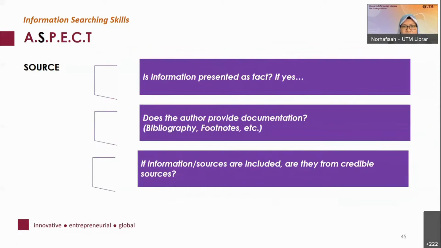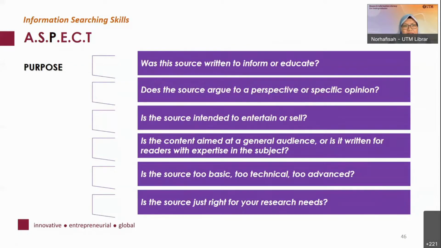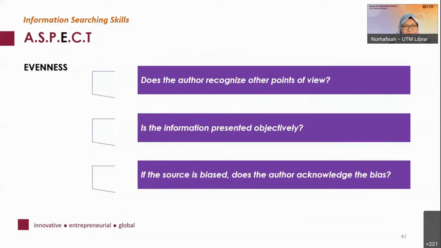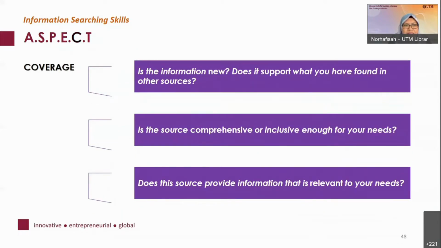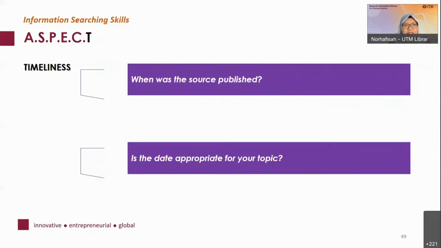Does the author provide documentation, such as a bibliography or footnotes, and so on. You can read later. This is purpose, evenness, and coverage. And the last one is timeliness.